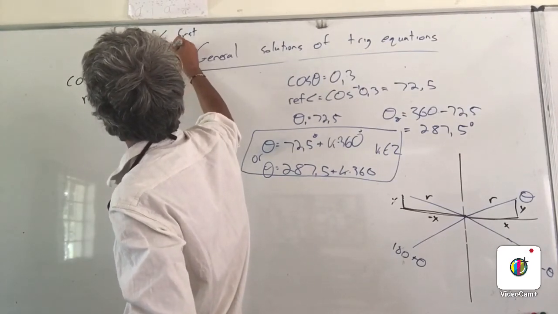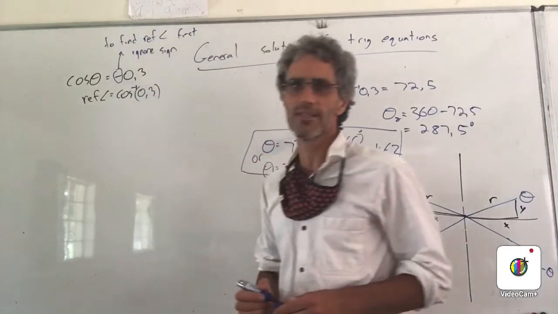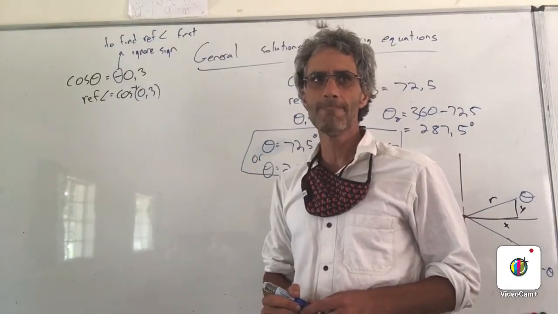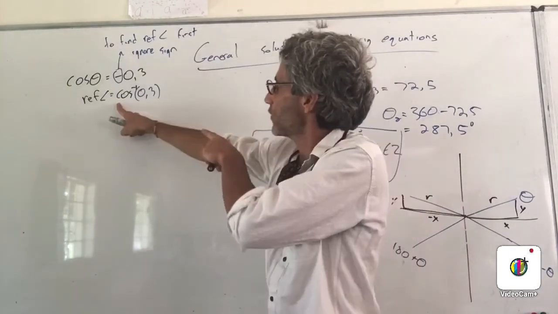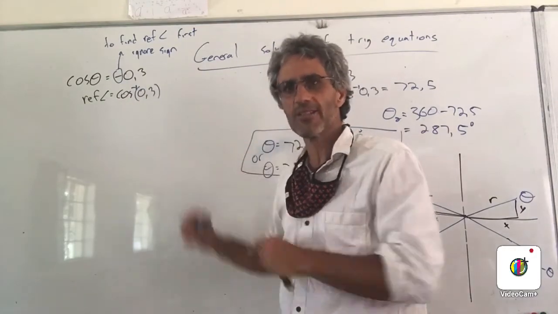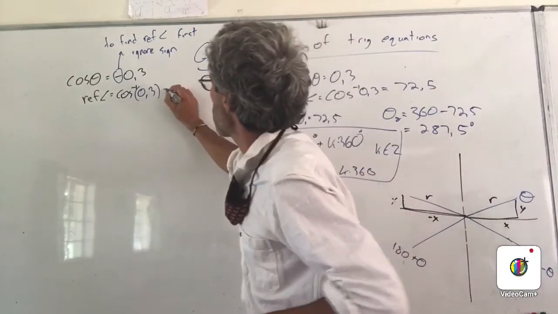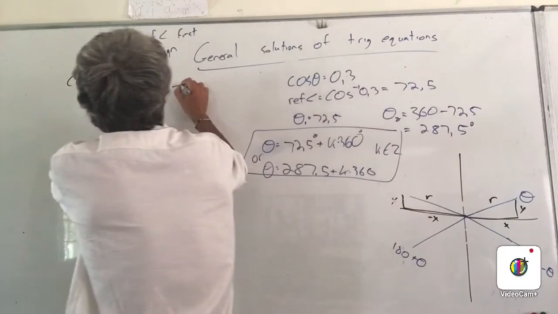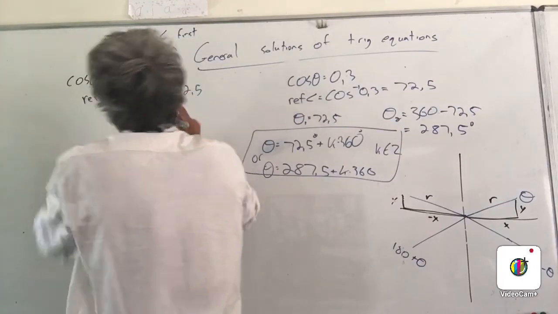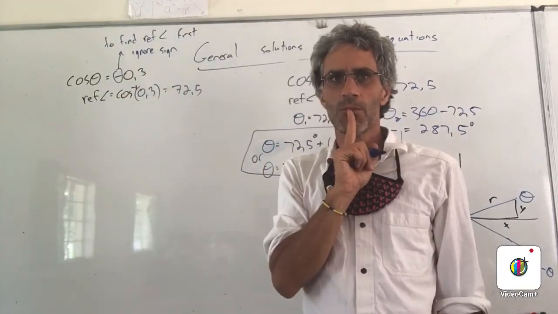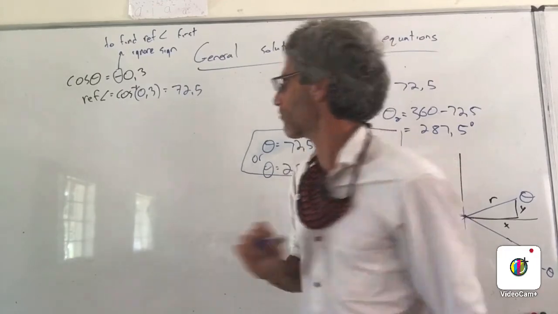When I say ignore, I mean get rid of it, put the positive. Are we happy with that? That's not going to be our solution, but we're going to use it now. So I know already what that is. We found it here. That was 72,5. That's our reference angle. Okay? It's not our solution, it's the reference angle.